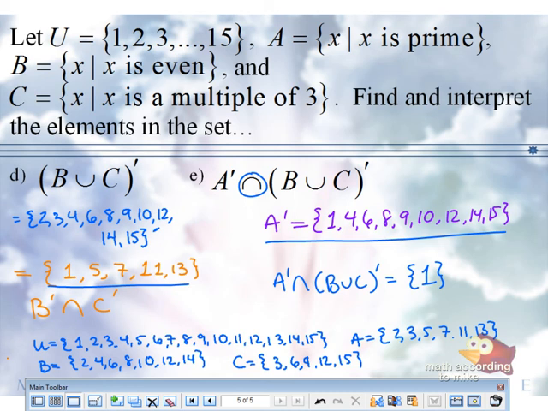So, I interpreted D as odd numbers that are not multiples of 3. What would A prime represent? Numbers that are not prime. So putting them together, this is the number that's not prime and also not a multiple.